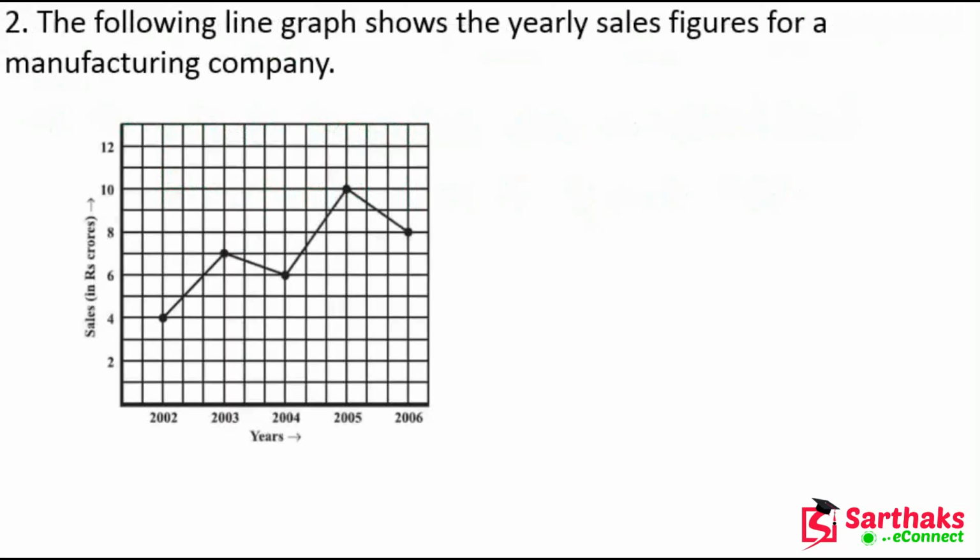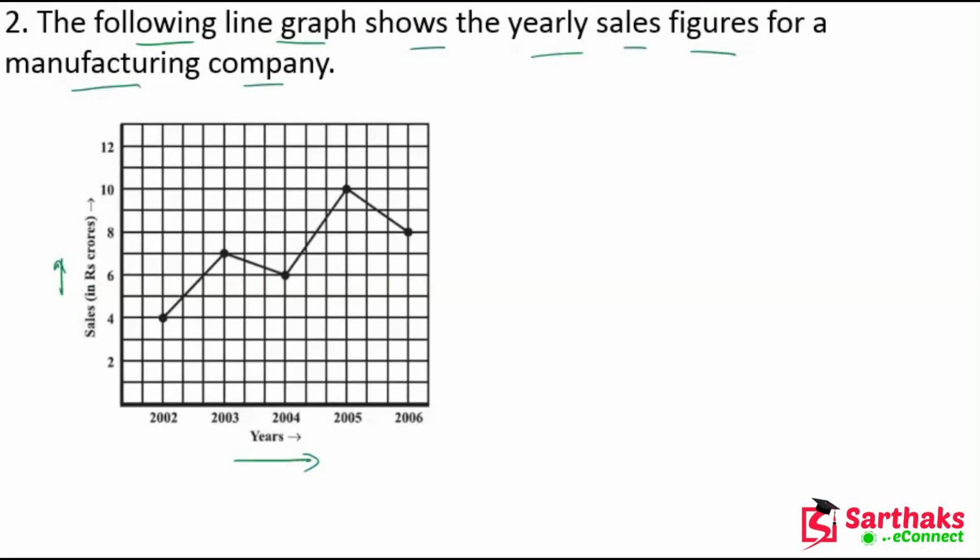Okay. Yes, now the next question. You can see that the following line graph shows the yearly sales figures for a manufacturing company. On the x-axis we are representing the years, and on the y-axis it represents the sales, which is in crores.